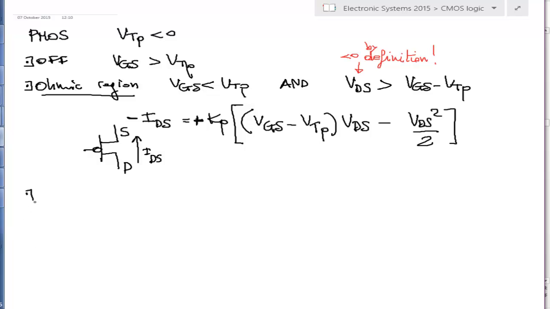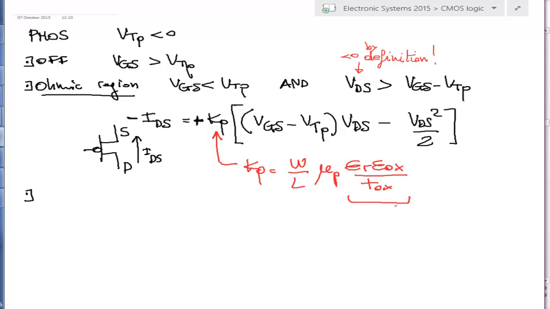Then, again, we know what is Kp. Kp is W over L times mu P times epsilon R epsilon 0 over Tox.